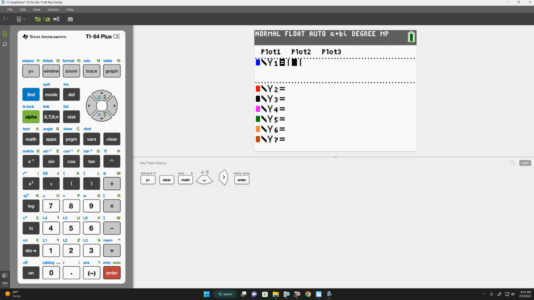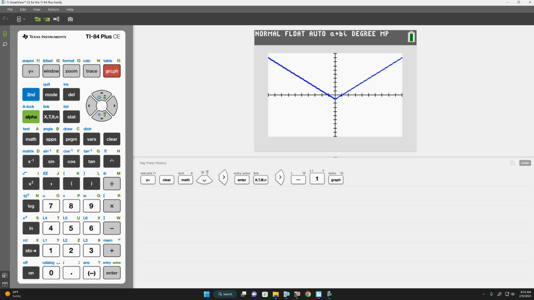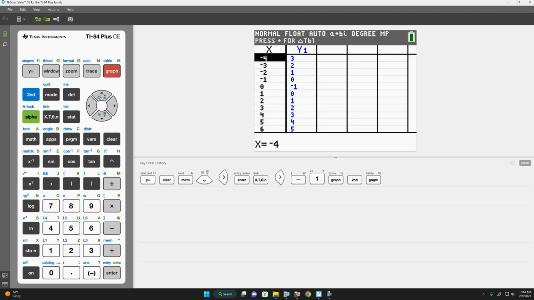And what we can do with this here is say absolute value of x minus 1, graph. It gave us a graph. We can go second table. So for x-intercepts, we're looking for where y is 0. So we have negative 1 and 1. For y-intercepts, we're looking for where x is 0. So the y value is negative 1. They gave it to us.